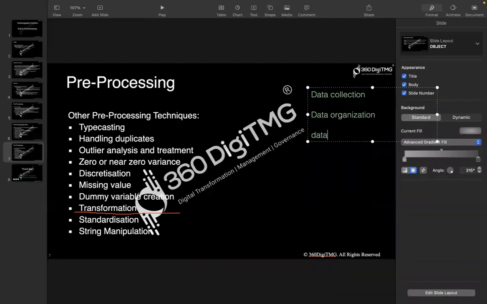And the third one is data processing. Then we have data integration also. Data reporting. And finally, we have data utilization.